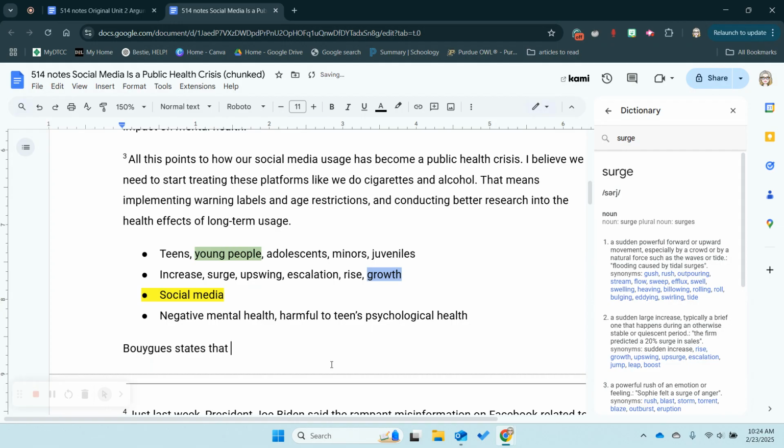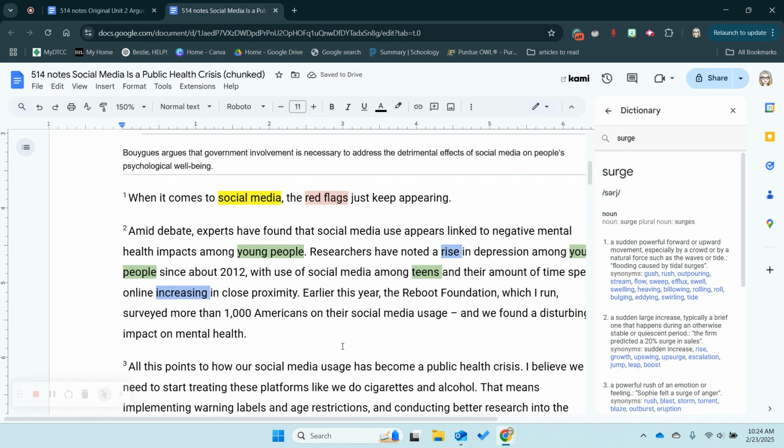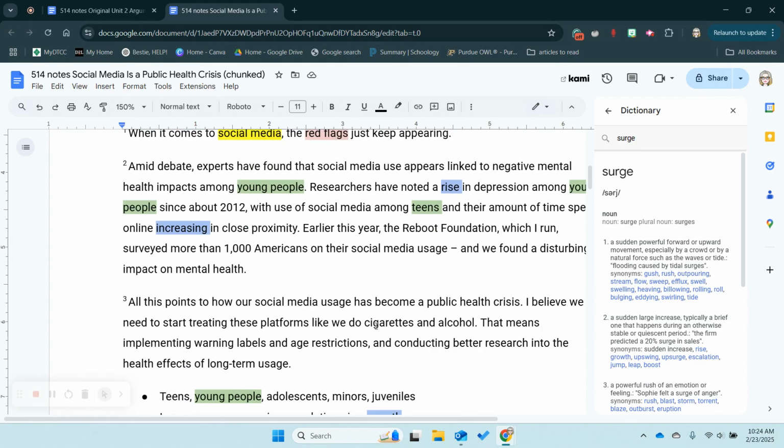As teens' use of social media has grown. As also, I don't know, I feel like I'm using her words. Rise in depression. Okay, no, that's fine.